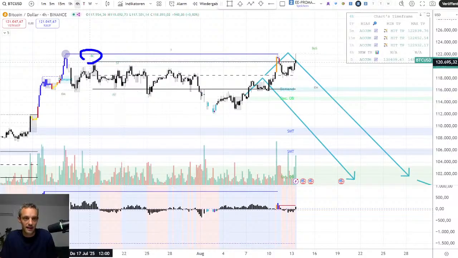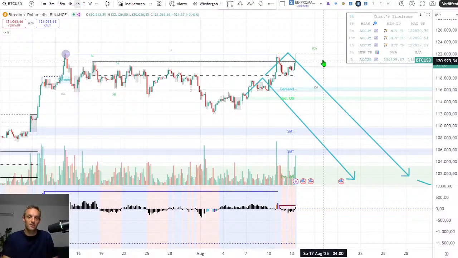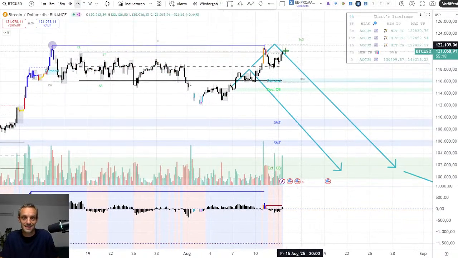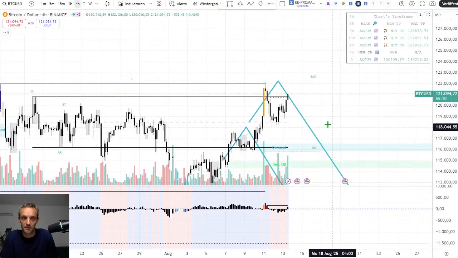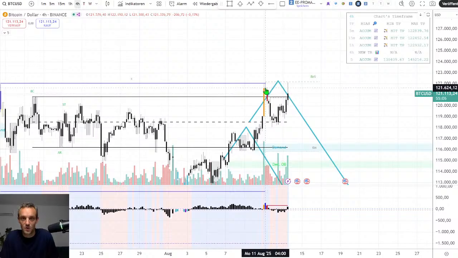BC stands for buying climax, AR automatic reaction, ST secondary test. This is now a pullback in this range from my point of view, and we will see selling above here, weak highs, weak all-time highs. As you can see, Bitcoin also made new all-time highs on Monday here on Binance.